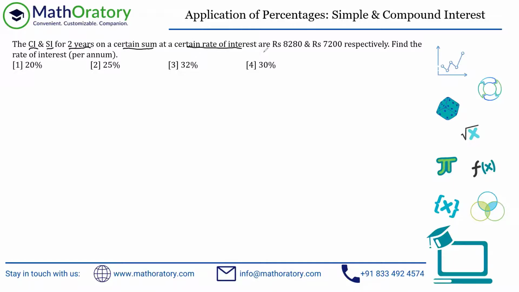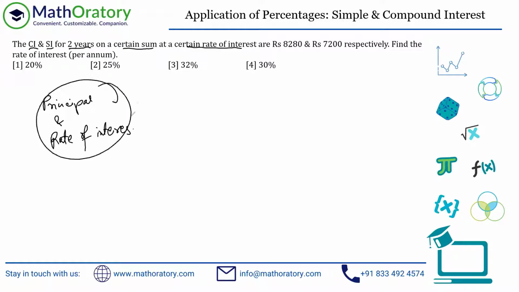So by the way, at this point, always read it properly. When it says on a certain sum at a certain rate of interest, what it implicitly means is the principal, that is the certain sum, and the rate of interest, both of these are same.